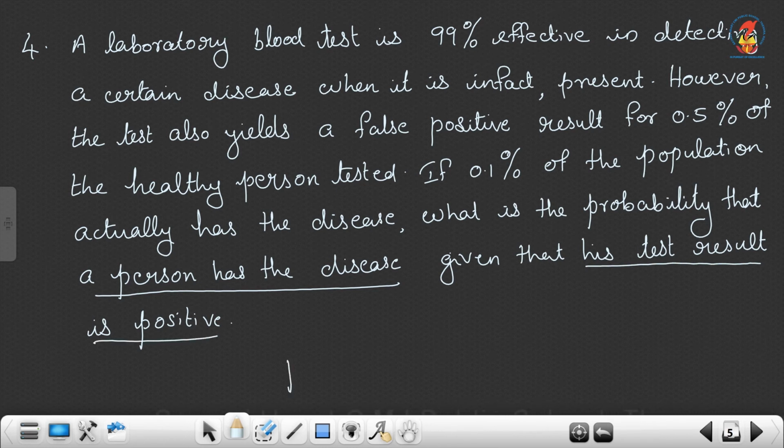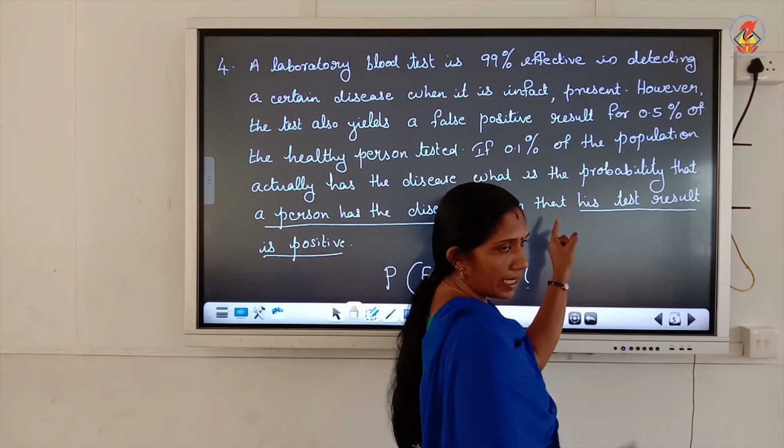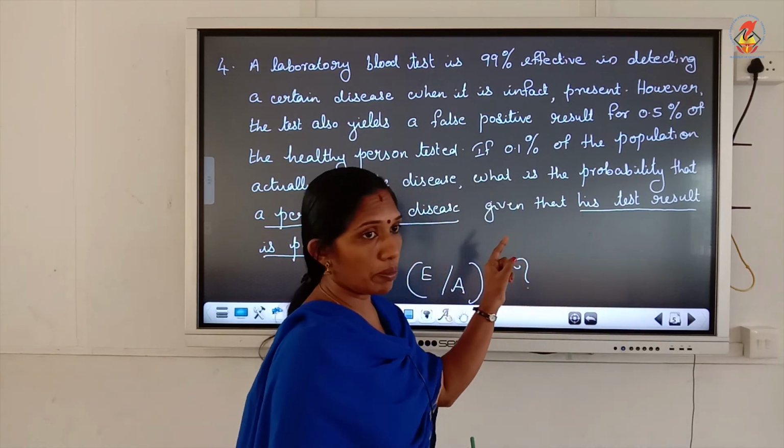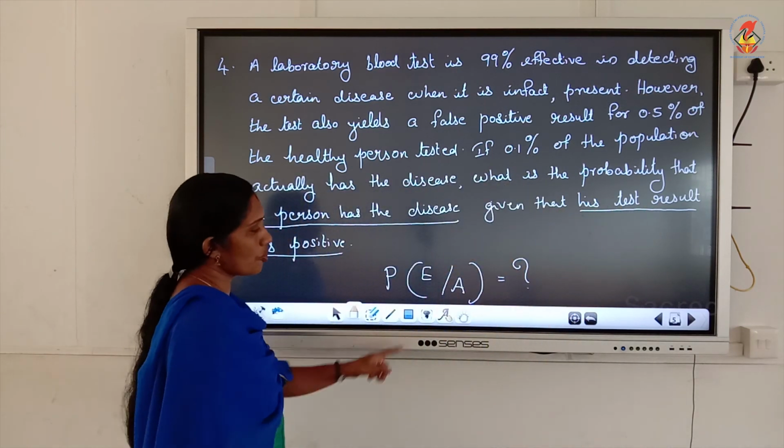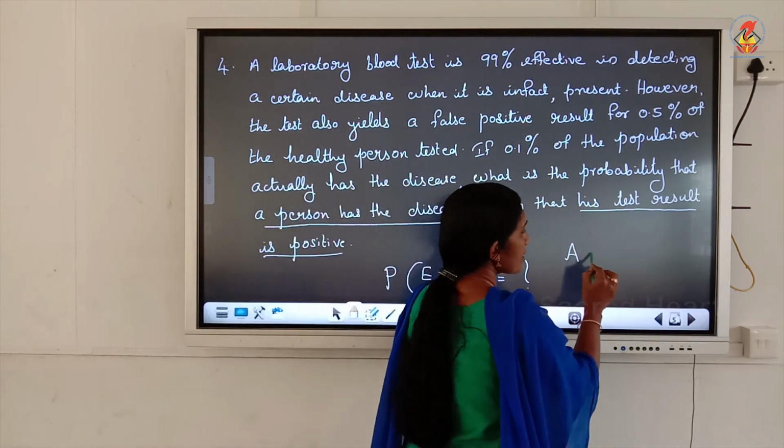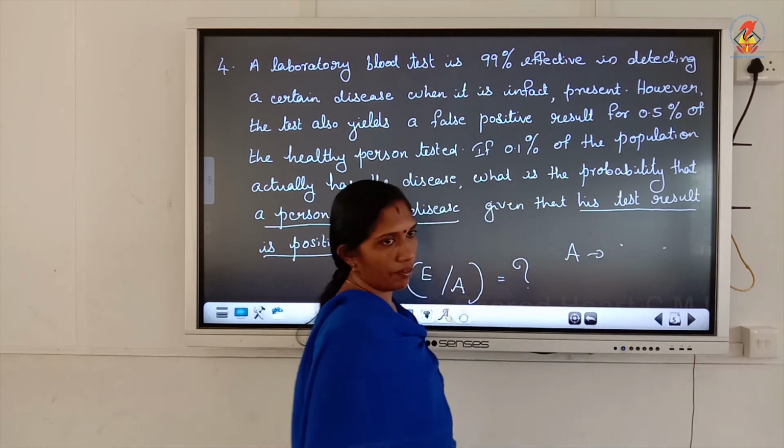So we have to find P of E given A. Usually the notation is E in the numerator and A in the denominator. So what is A? Given that is in the denominator, conditional probability. So given that his test result is positive, we can define A as test is positive.